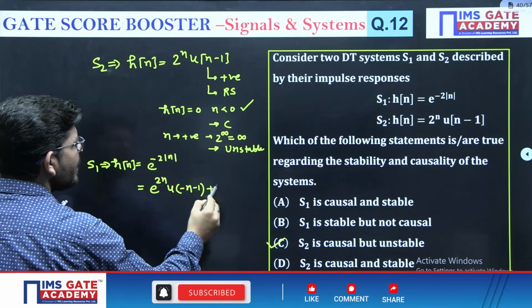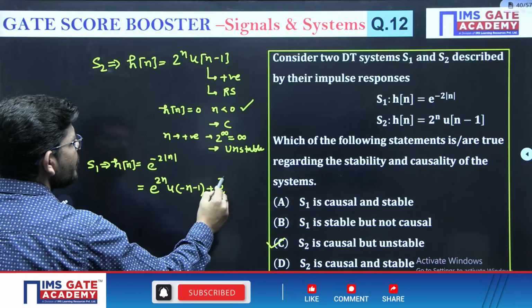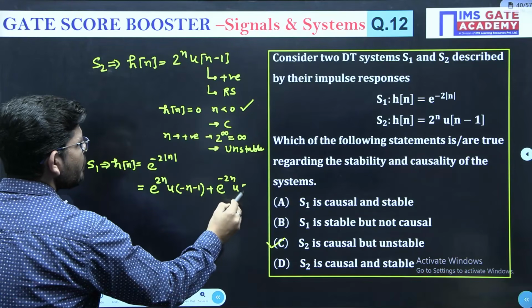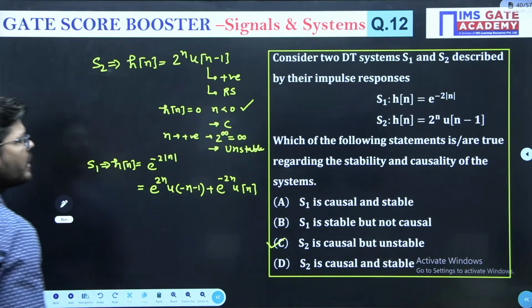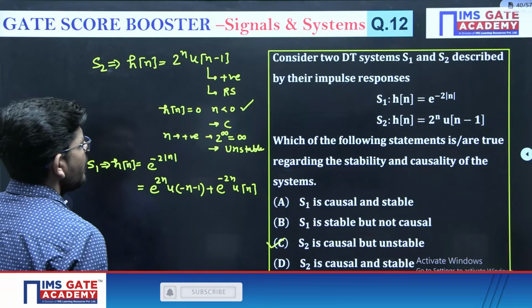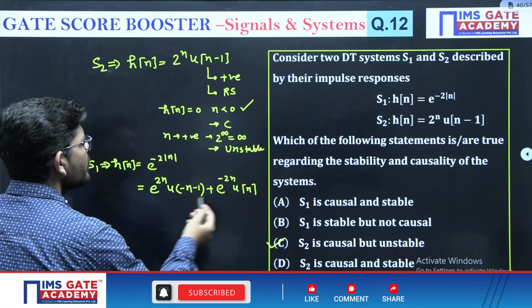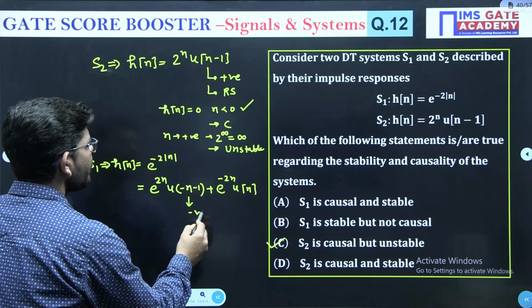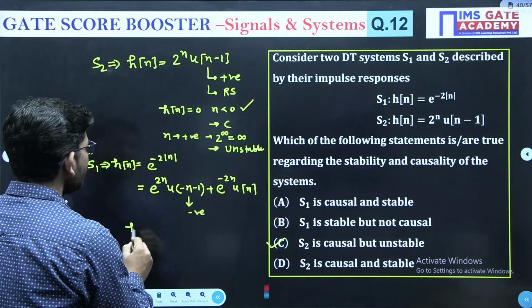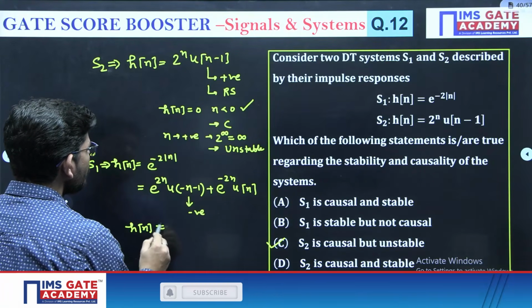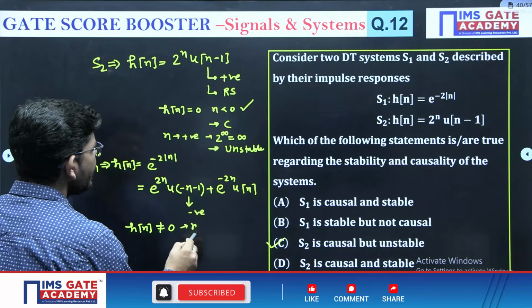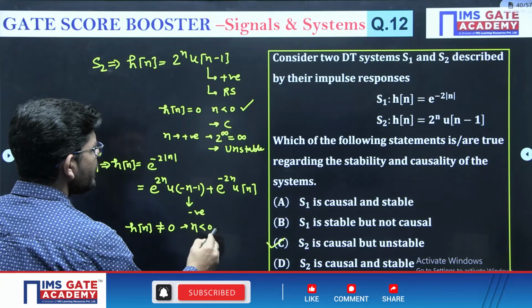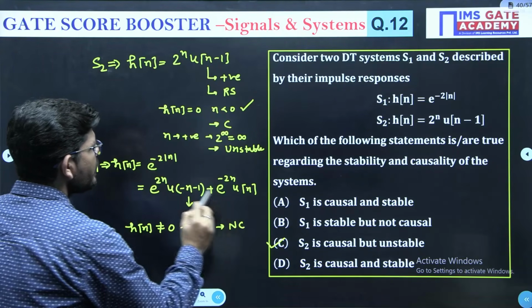Plus, when the time is positive, it will give e to the power minus 2n, and positive time is written as u of n. Now have a look. Clearly you can see that here the n values are negative. Negative means we can say that h of n is not equal to 0 when n is less than 0. So that means it is non-causal.